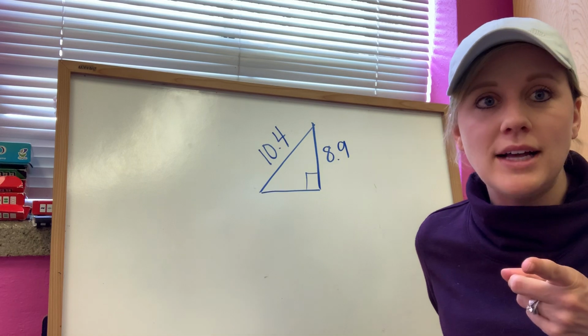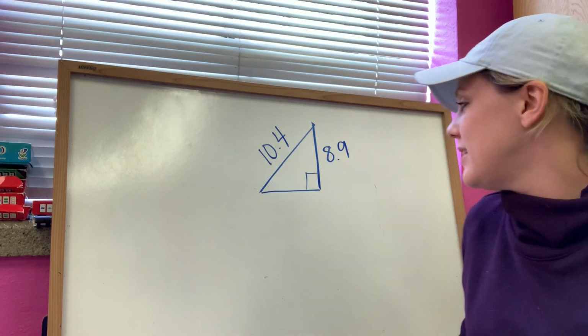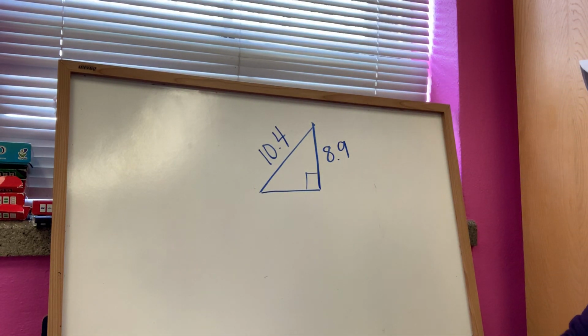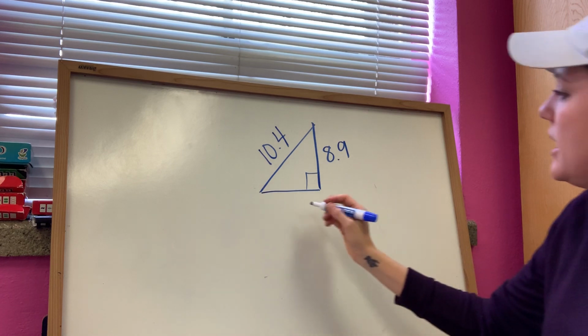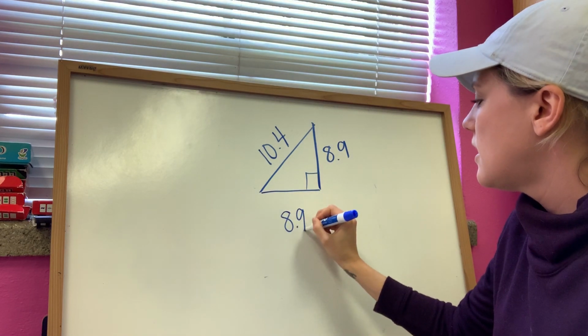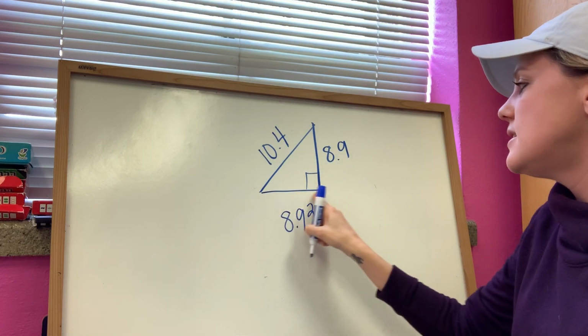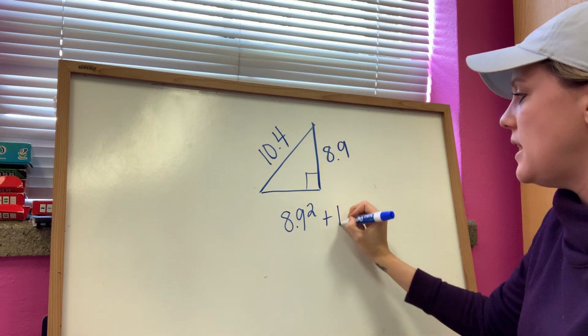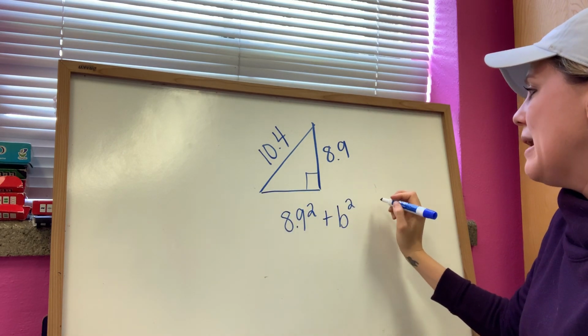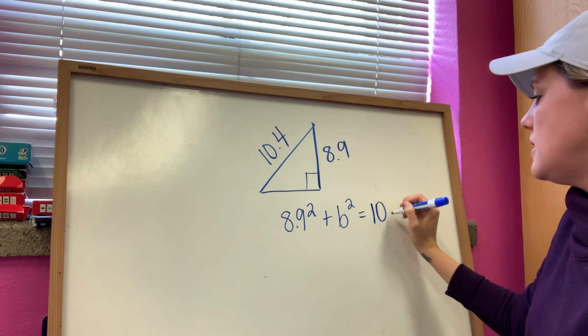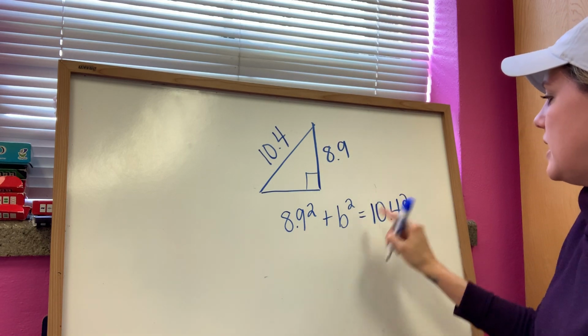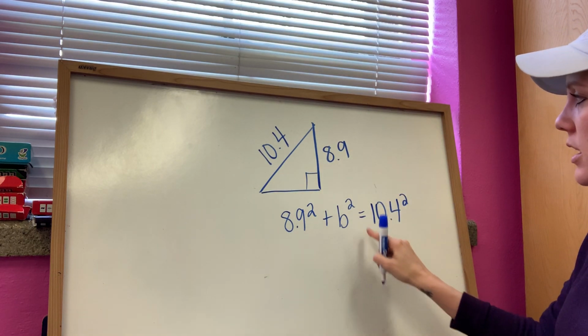So go ahead and pause and try and do it by yourself. Okay, so 8.9 squared plus something squared, I'm going to call that b, equals 10.4 squared, this is always the longest side.